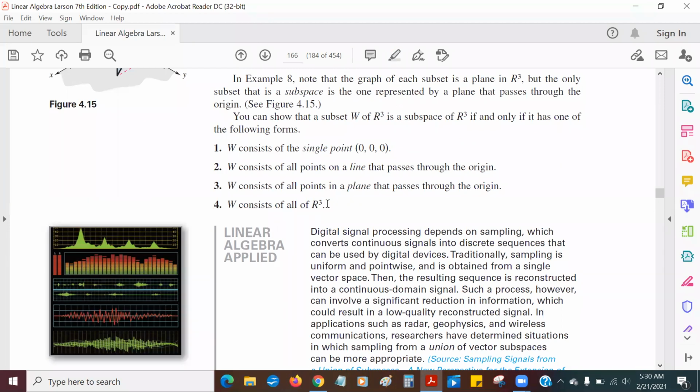The entire R3 is a vector space, which we've established many times. A plane that goes through the origin will be a vector space, any plane, which is what we just did in the previous example. And also a line that goes through the origin.